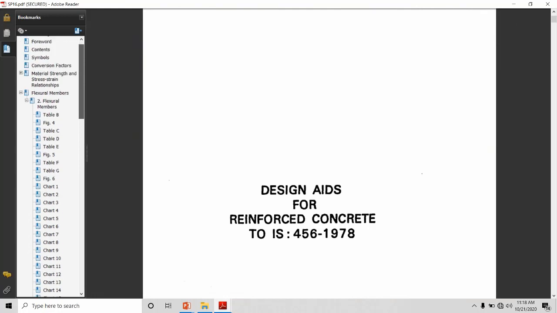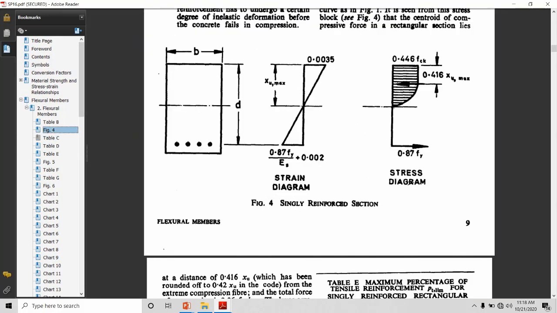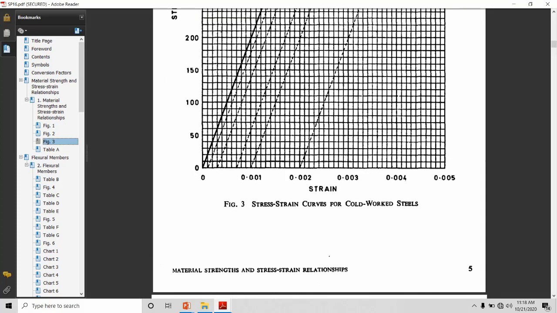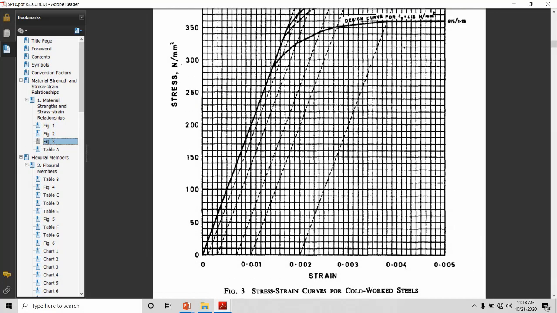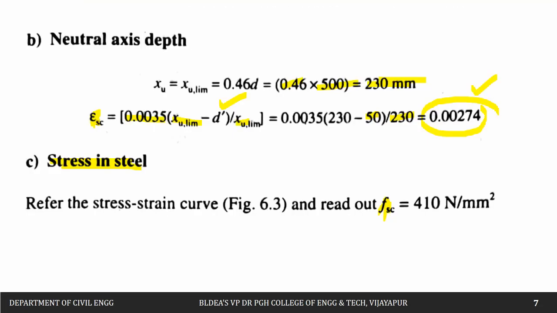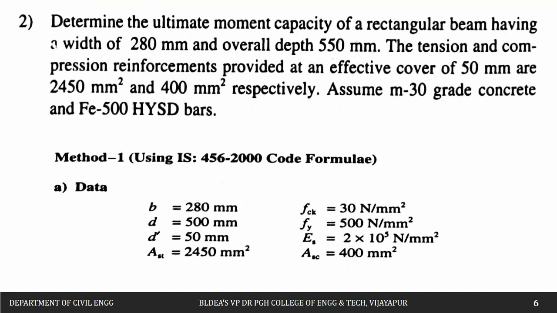Here they have given the details, including the stress strain curves for steel. Our steel is Fe 500.